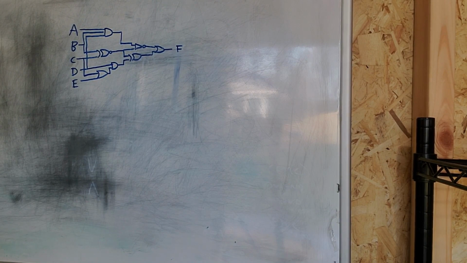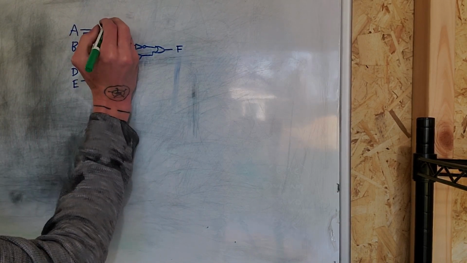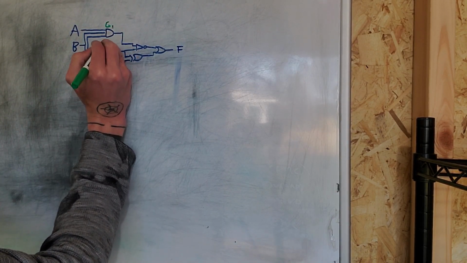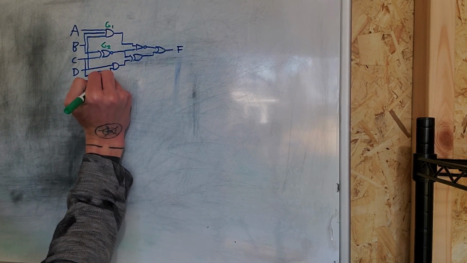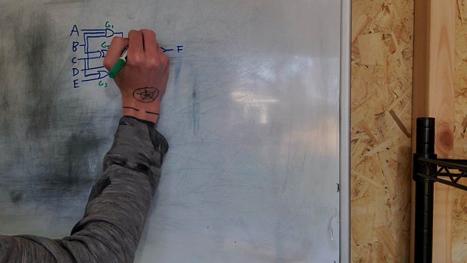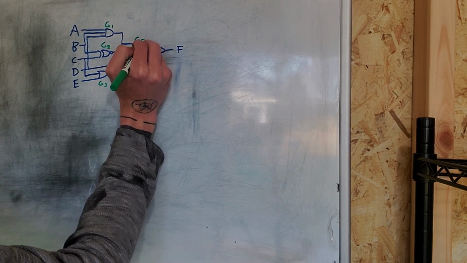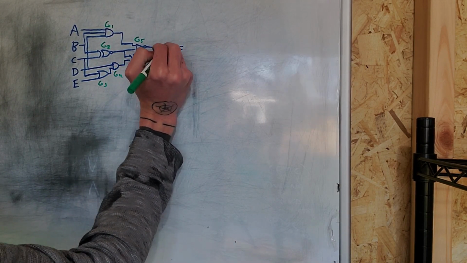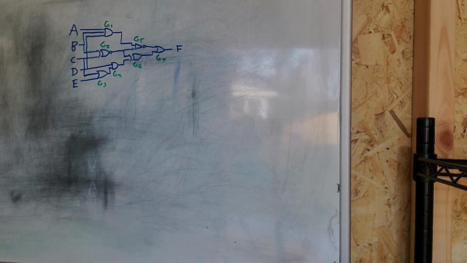Like with the first one, we start by labeling each gate: G1, G2, G3, etc. So you can see we have seven gates here, 5 inputs, 7 gates, and 1 output.